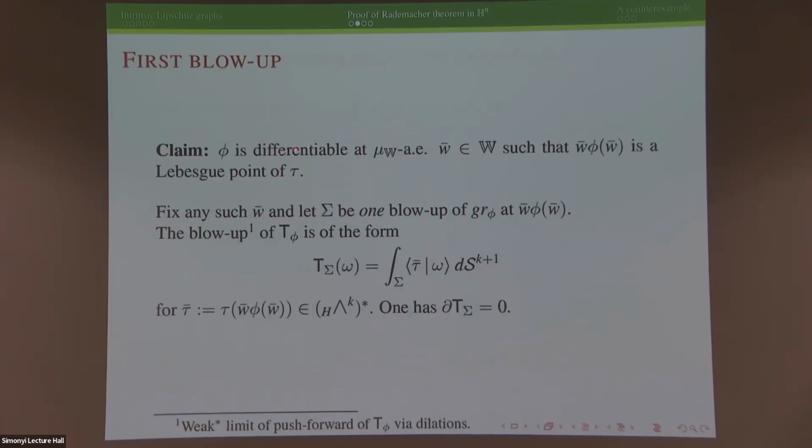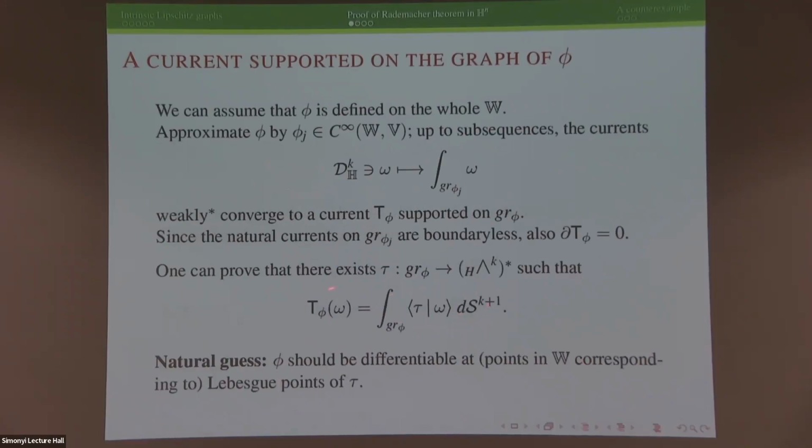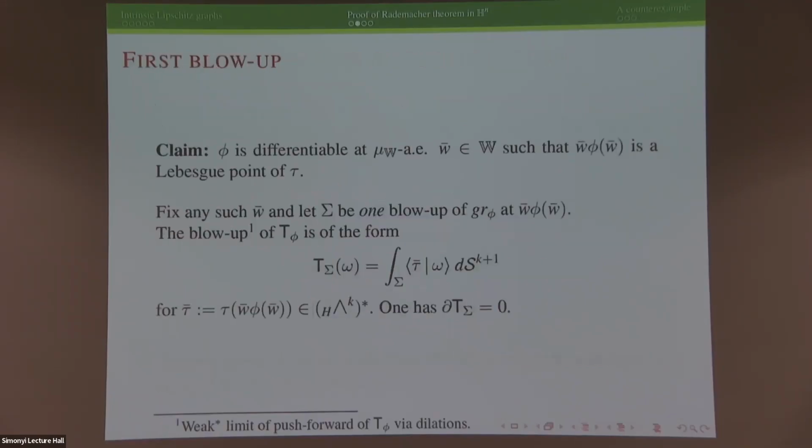Okay, so our claim is that phi is differentiable at almost every point W, so that the corresponding point (W, phi(W)) on the graph is a Lebesgue point for this function tau, the tau appearing here, which is given when you follow this approximation procedure. So now we do the following.